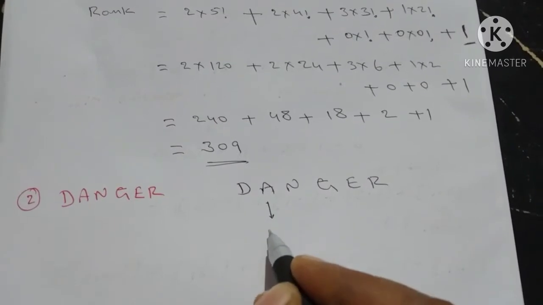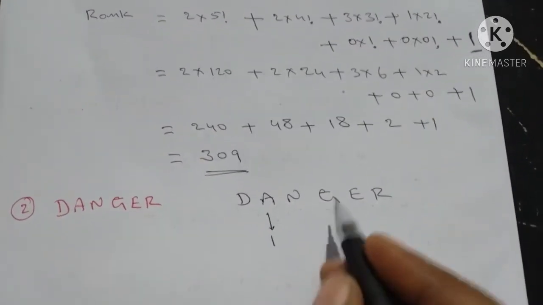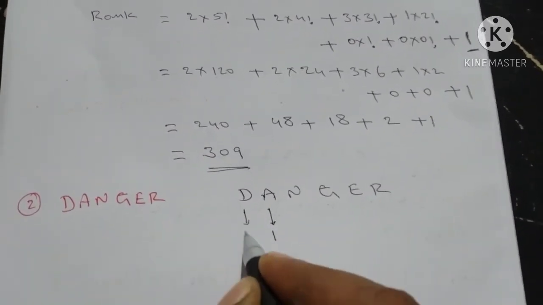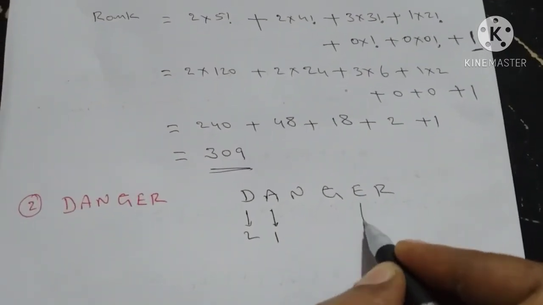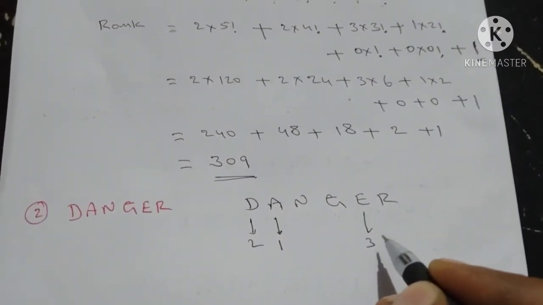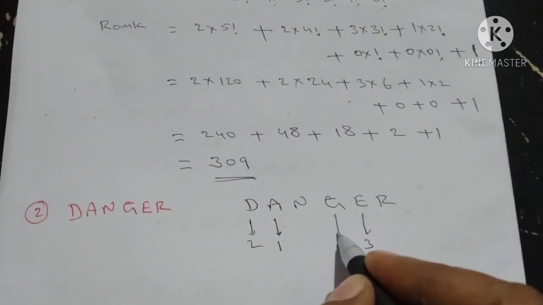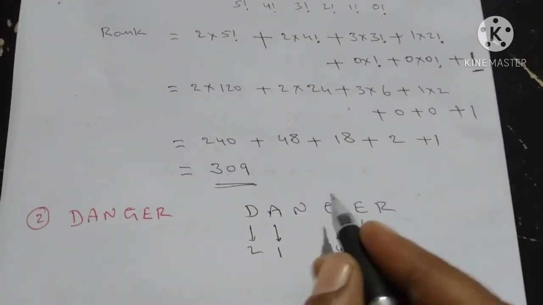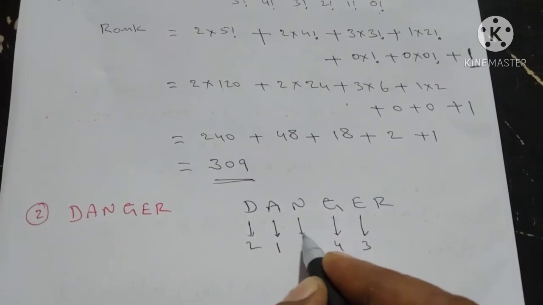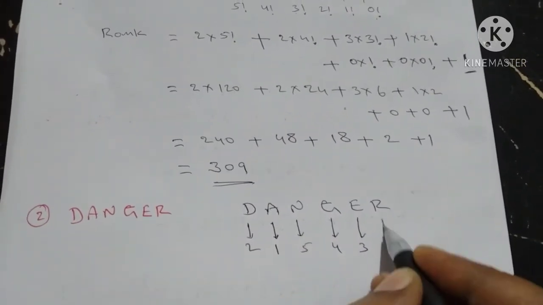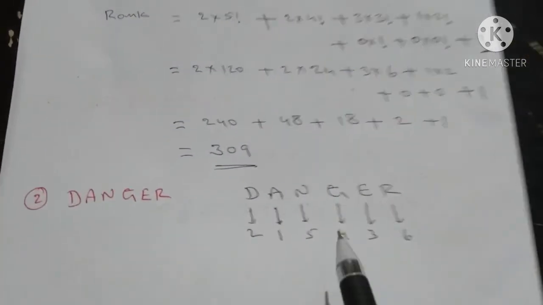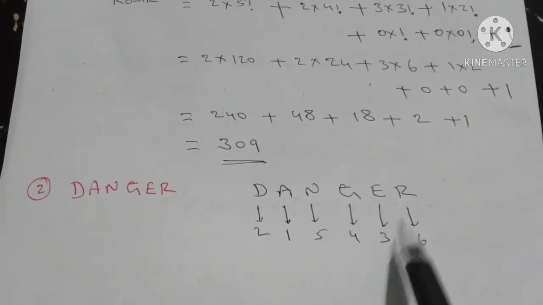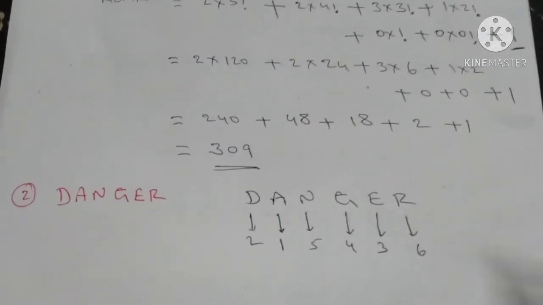First rank goes to A. Next rank goes to D. Next, A, B, C, D, E, and then the next ranks, up to 5. This is the last one, 6. These are the ranks of the letters of the given word in dictionary order.